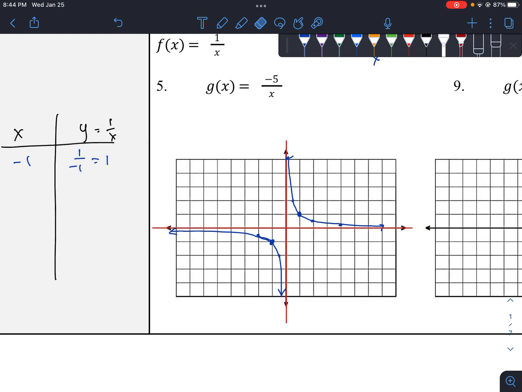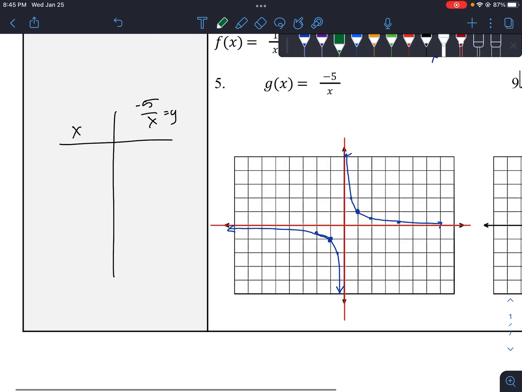It's the parent function. Now let's graph the function g of x right here. So let's make this equal to -5 over x for y. Now, because of the fraction, again, we want to be careful with what we plug in. I don't want to plug in 7, for example, into this function, because -5 over 7 doesn't give me a very nice number to graph, right?